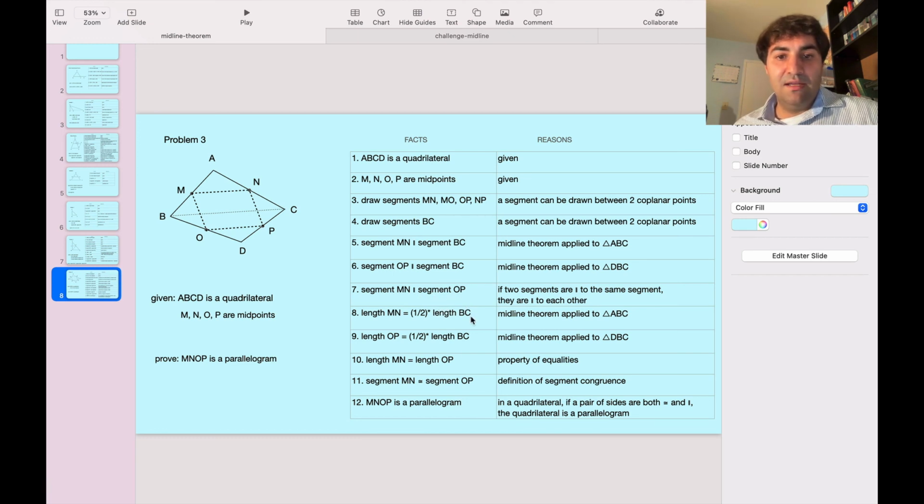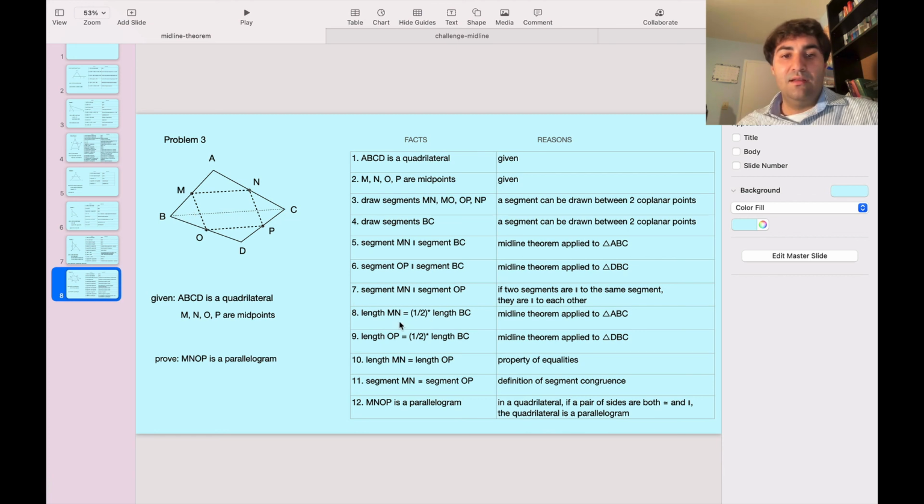And we know, again, by the midline theorem applied to triangle ABC, that the length of segment MN is going to be 1/2 times the length of segment BC. And if we apply the midline theorem to triangle DBC, we get the length of segment OP is equal to 1/2 the length of segment BC.